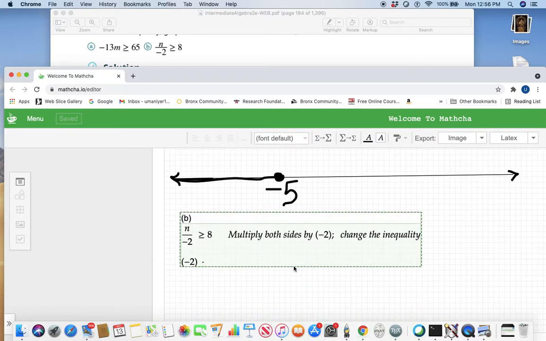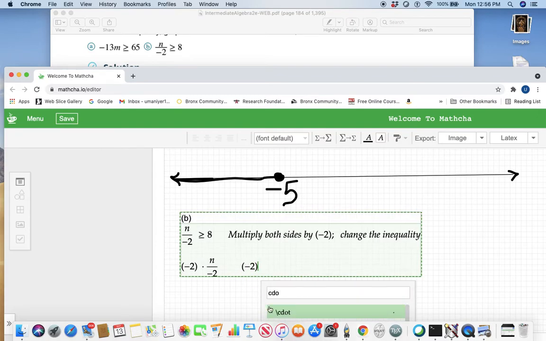So to get rid of the division by negative 2, you need to multiply both sides by negative 2. Multiplication by negative 2 changes the inequality. So negative 2 times the left hand side and negative 2 times the right hand side.